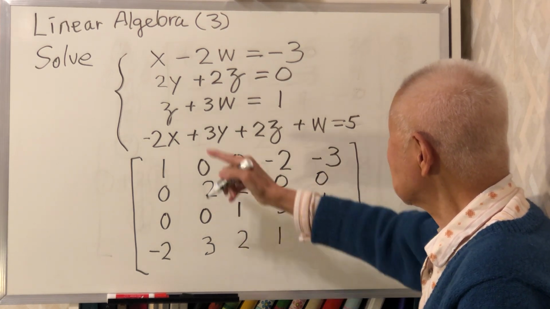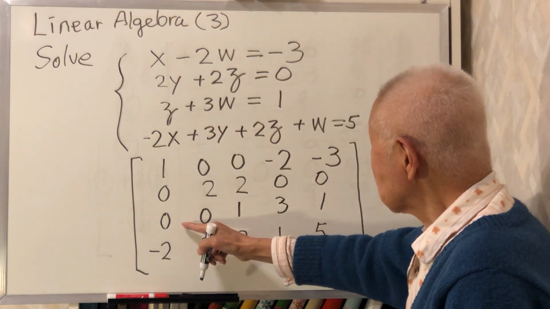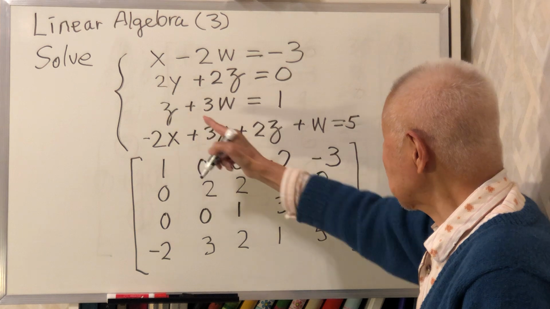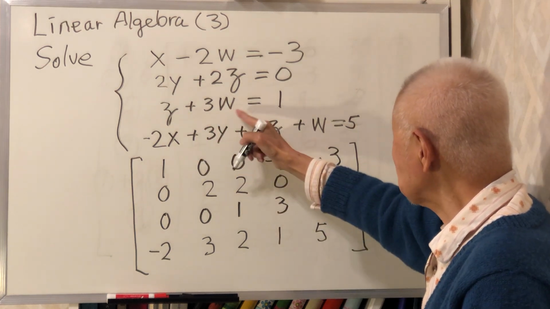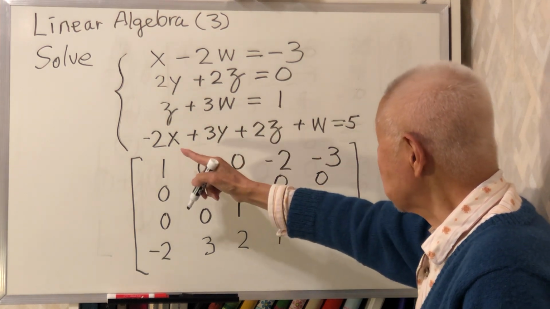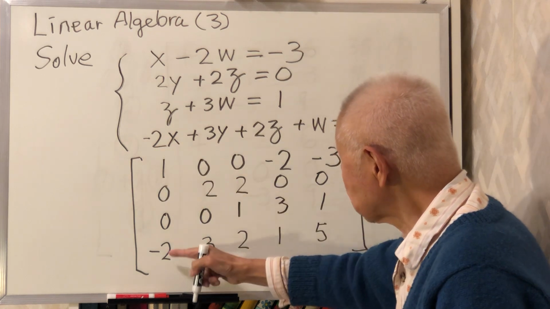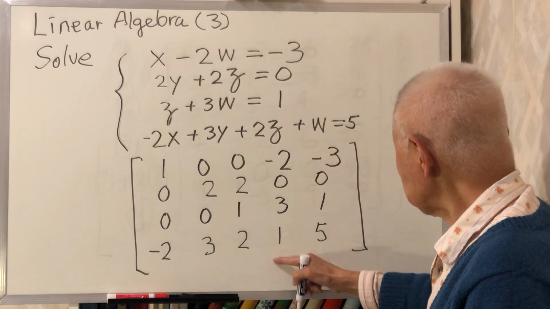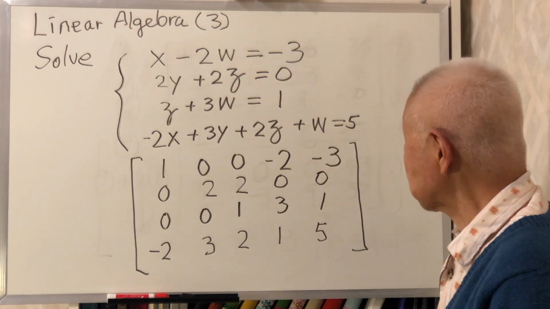Yeah, okay. So next one, no X, no Y, just 1 Z, and 3W, 1 here. And this is -2, 3, 2, 1, 5. Okay, now I'm right.